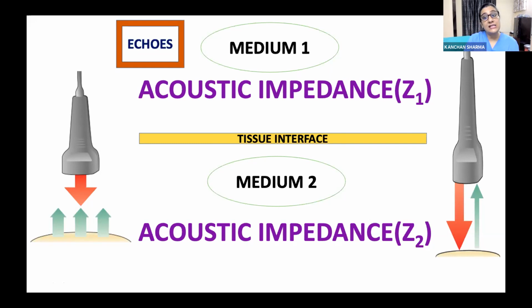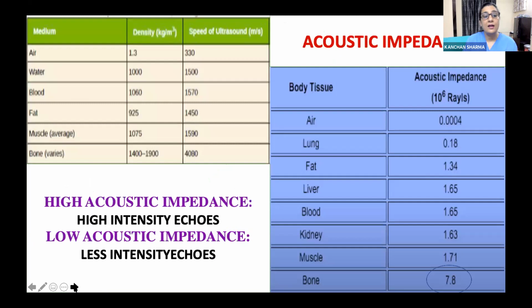And if it is 3 and 2.5, then the difference in acoustic impedance comes out to be 0.5. So the reflected echo is going to be of low intensity. So this is important when we are talking about the echoes. Fine. So that is the importance of knowing this acoustic impedance.